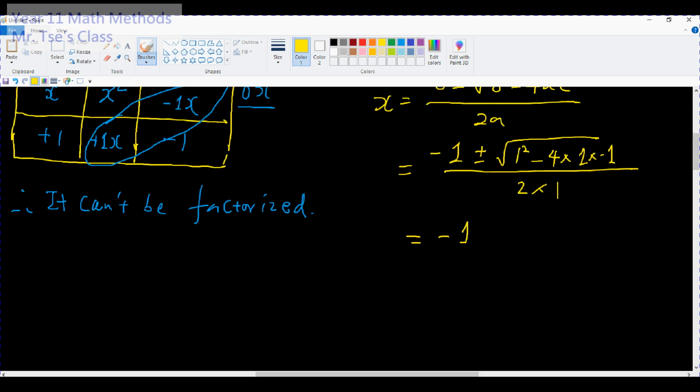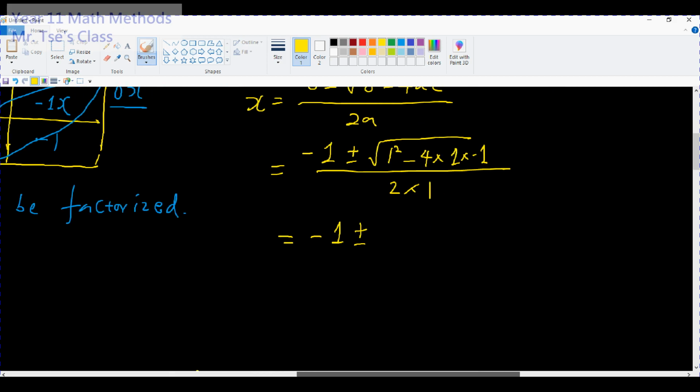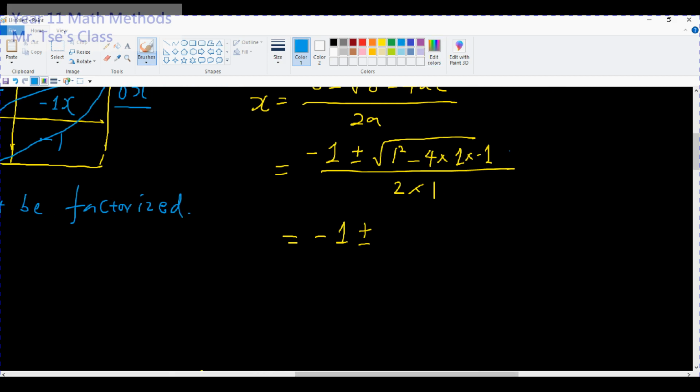Okay, so that will become -1 plus or minus the square root of, so that becomes 1 minus 4 times -1. So -4 times -1 is actually plus 4, right? Negative times negative becomes plus.